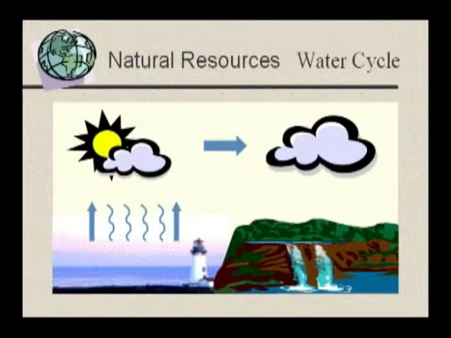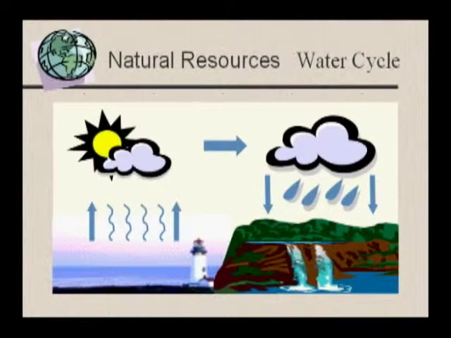Those clouds move across the land and cool, and you have precipitation of rain or snow, depending on where you are. That waters the land, and it's collected in our streams and rivers, and eventually goes out into the bodies of water again, and the process begins all over again. The important thing to take home from this is the fact that it's a cycle.